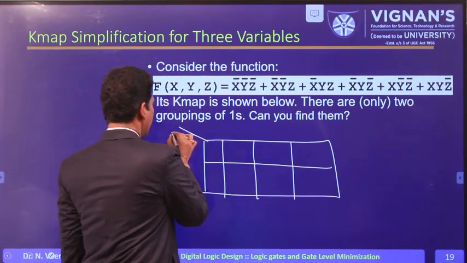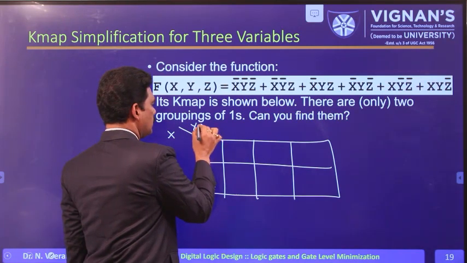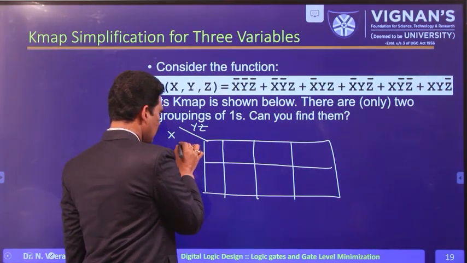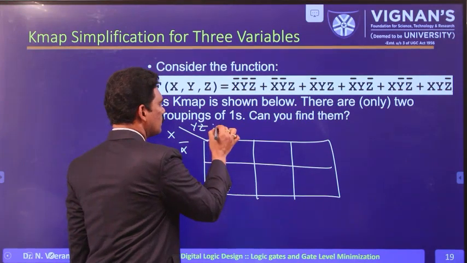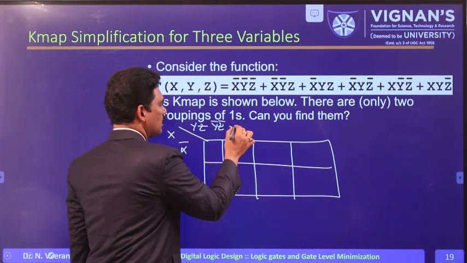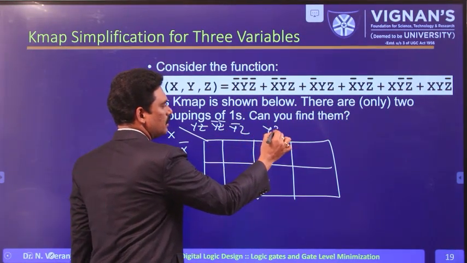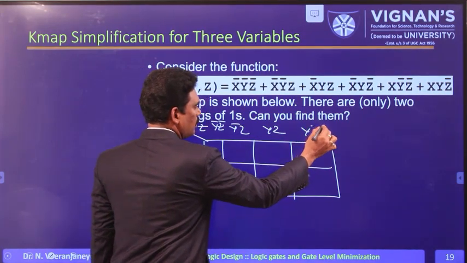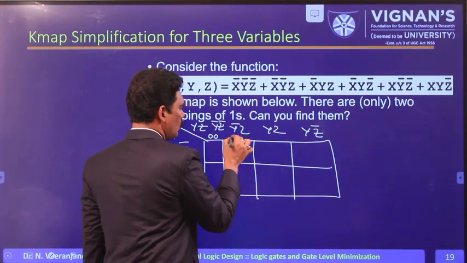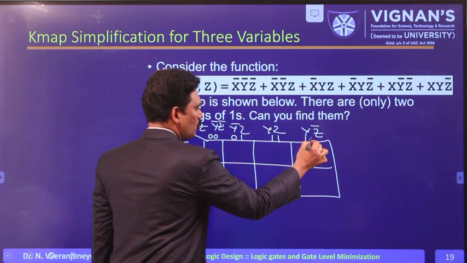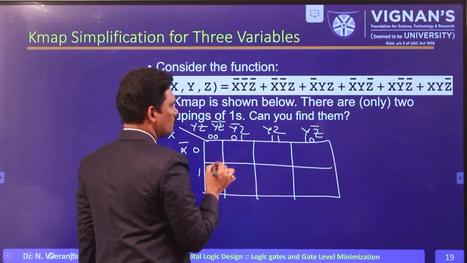This is x, y, z, and this is x bar, x, and this is y bar z bar, y bar z, yz, and yz bar. This is 0, 0, 0, 1, 1, 1, 1, 0. This is 0, and this is 1.